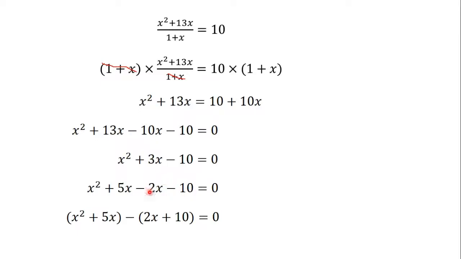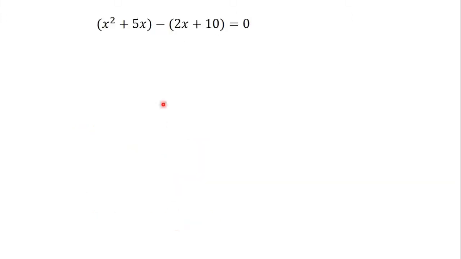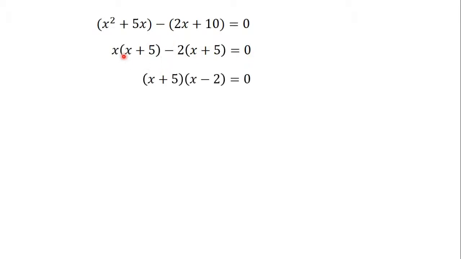Now immediately you bring the brackets here, since you have a negative sign outside the brackets, the negative sign changes the 10 to positive. So we have x squared plus 5x in one bracket, then 2x plus 10 in the other bracket. To factorize, you have x into brackets x plus 5 minus 2 into brackets x plus 5 is equal to 0. So you have x plus 5 and x plus 5, you pick one of them, then you have x minus 2 in the other bracket.